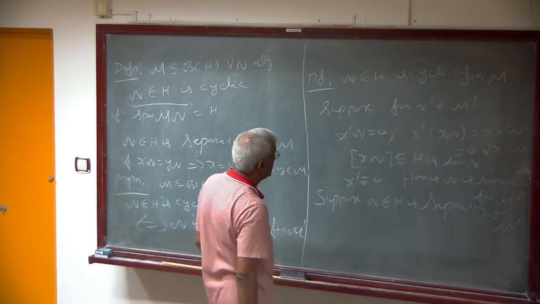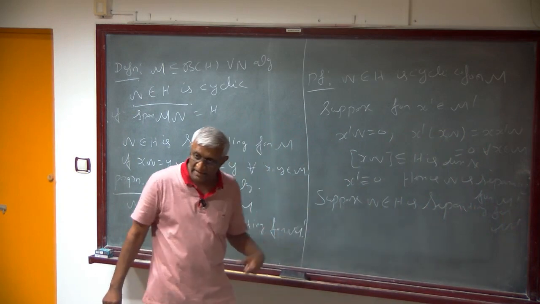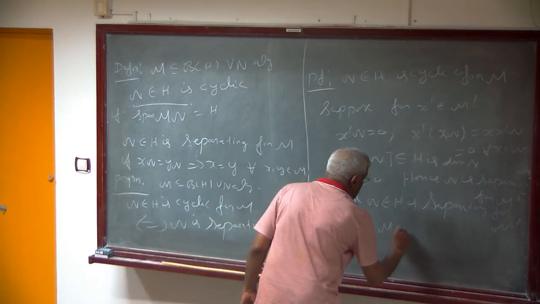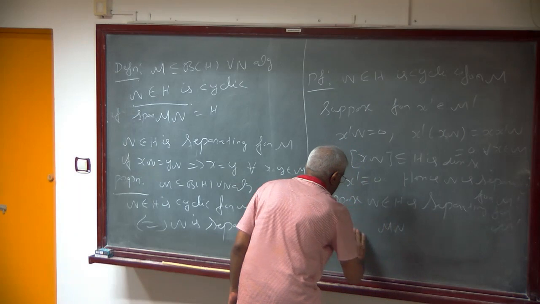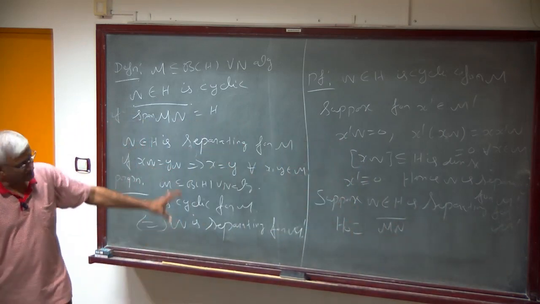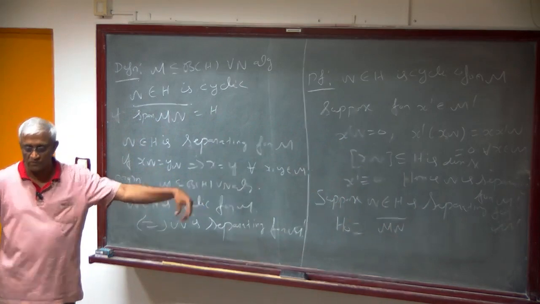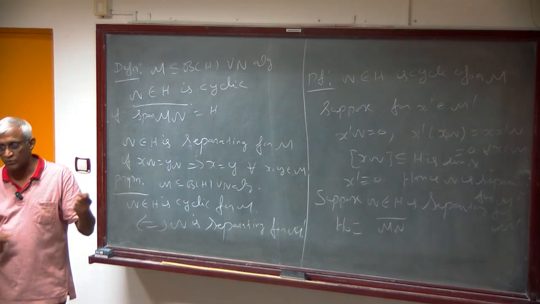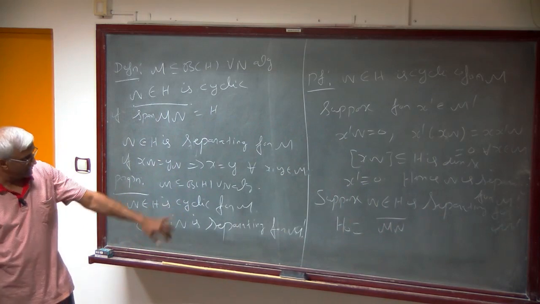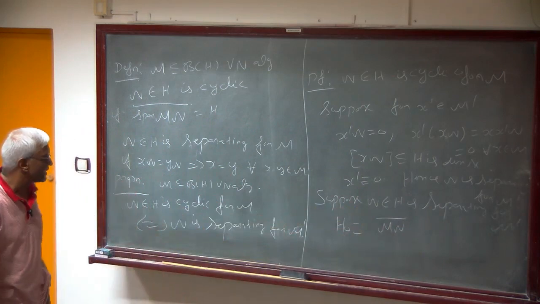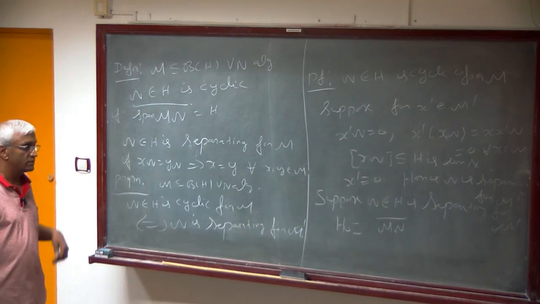We want to prove omega is cyclic for M. So let H naught equal to this closure. You don't need to take the span. When you have even two vectors you have to take the span, because m1 omega 1 plus m2 omega 2 will appear. If it is just one vector, you don't need to, that will be a vector space. So H naught equal to this.